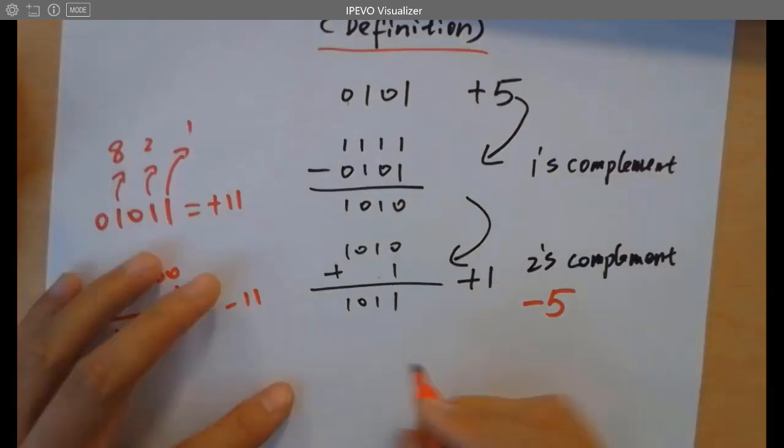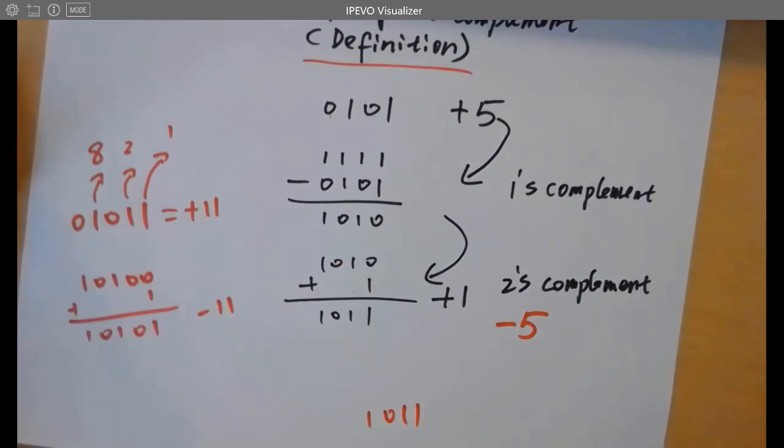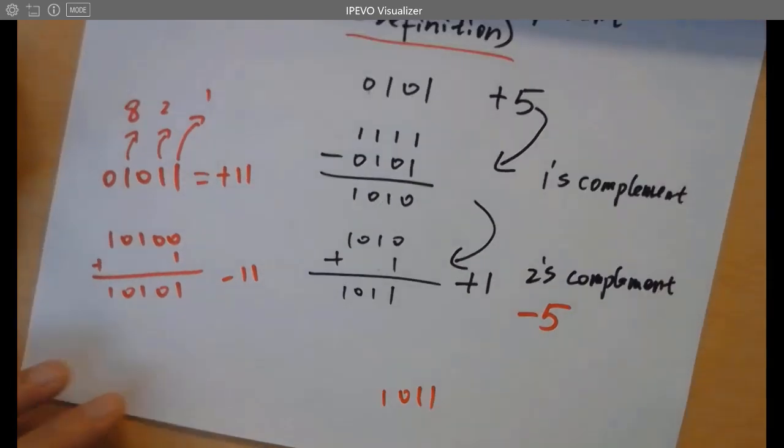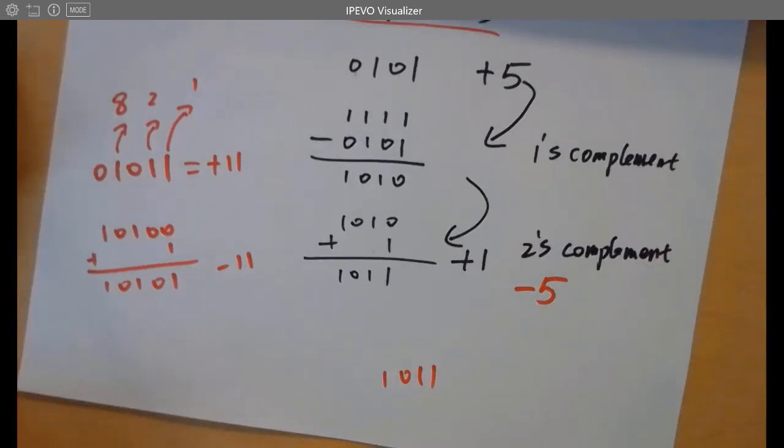So now I give you another number, 1011. You actually couldn't tell. Your brain could not resolve it. What is this number in 2's complement? You don't know. You have to convert it back. How to convert it back? Minus 1 and invert, right? And then you'll see the positive number, and then you know what that negative number is.